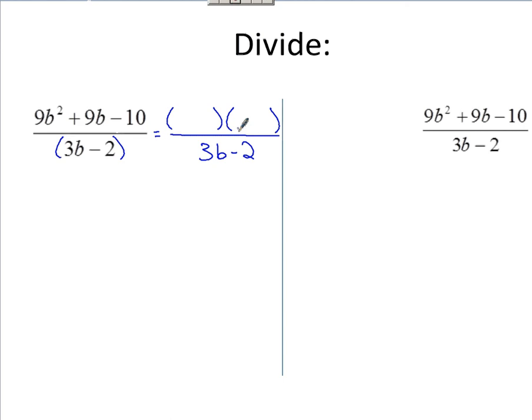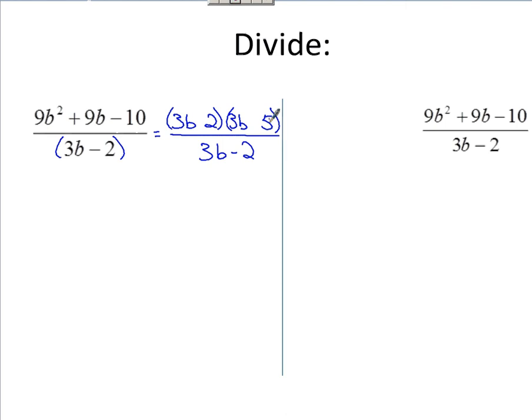Because then a 3b minus 2 might divide itself out. So thinking about these first terms, multiplying to get 9b squared, I could throw a 3b in there for each of the lead positions, right? I'm kind of keeping this 2 down here in the back of my mind for guidance. Trying to multiply to get 10 up here for these last terms, maybe put 2 and 5 in.